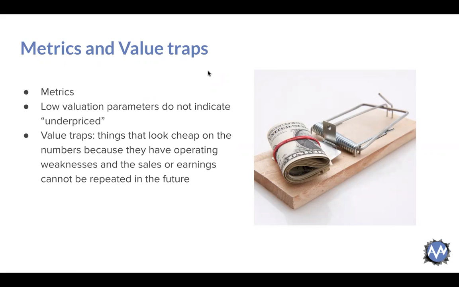Metrics such as price to earnings, price to book, debt to equity, and price over earnings to growth can help us discover undervalued stocks. However, low valuation parameters do not always mean that the stock is underpriced or undervalued. There are value traps that may look very cheap on paper, but in fact, it could be because the business is simply failing.